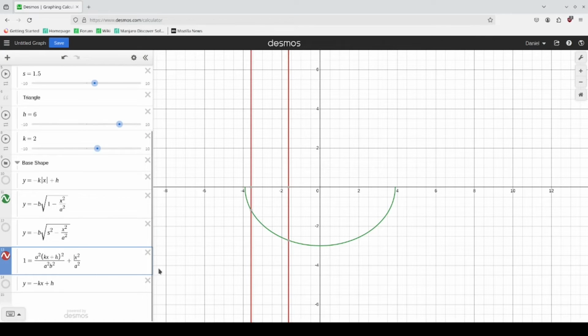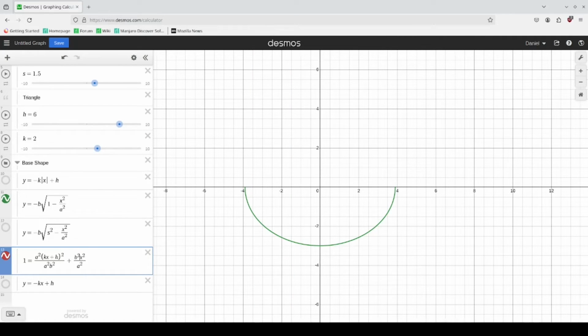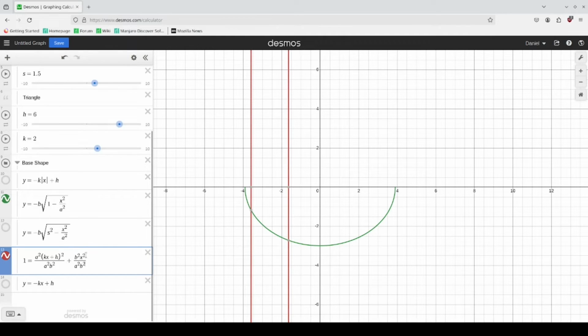And then we multiply b squared over b squared. Now would be a good time to expand this term here. So this would give us, in fact, so that we have the two terms in front of us.